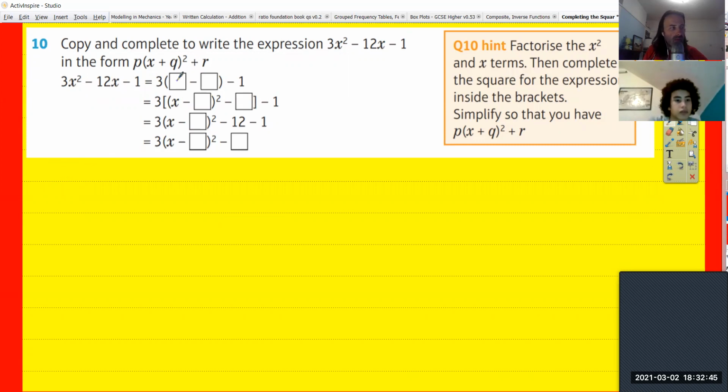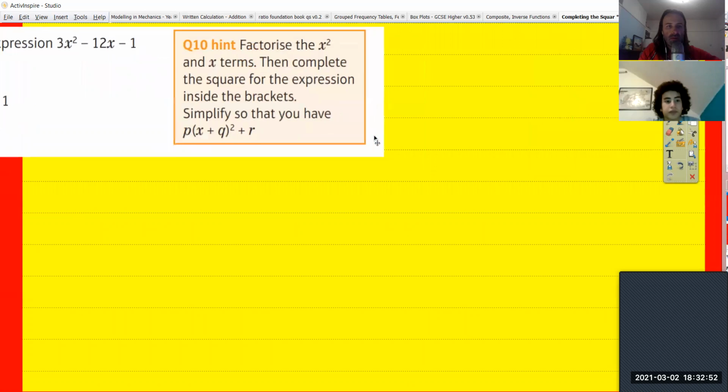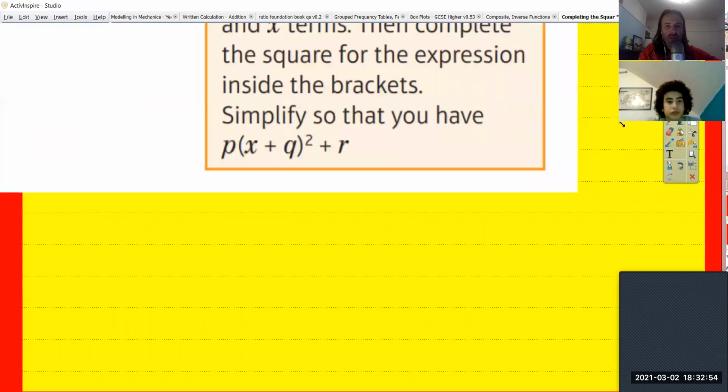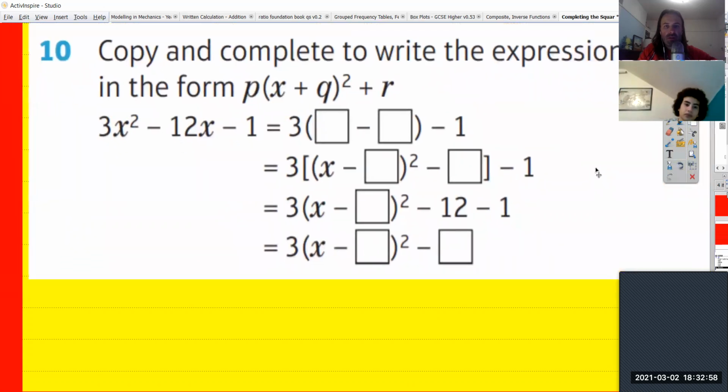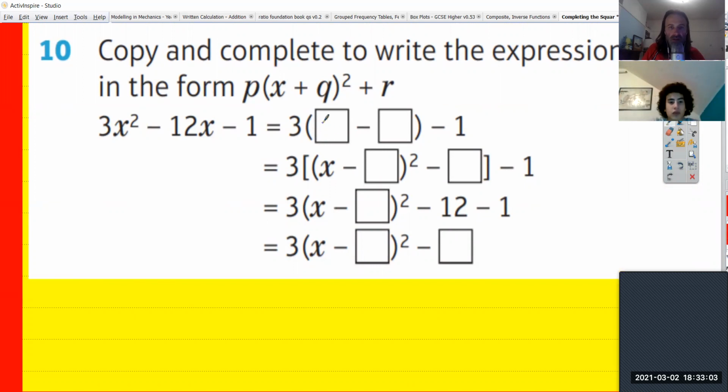So 3x plus 1 squared. So that's going to be 3x squared minus 4. Something's missing. 4x. Yeah. And now you complete the square for what's in that bracket.